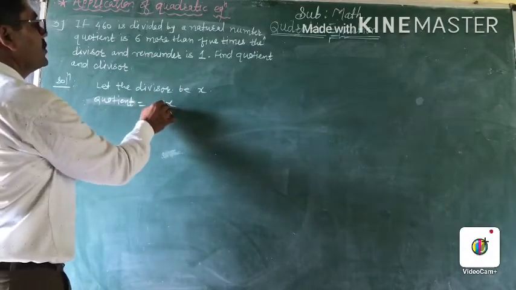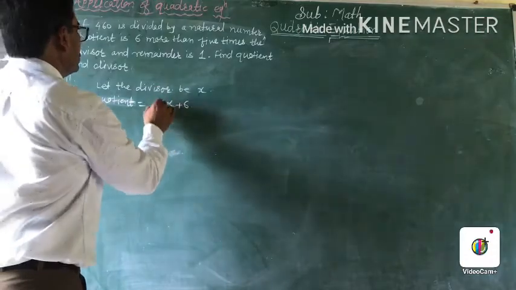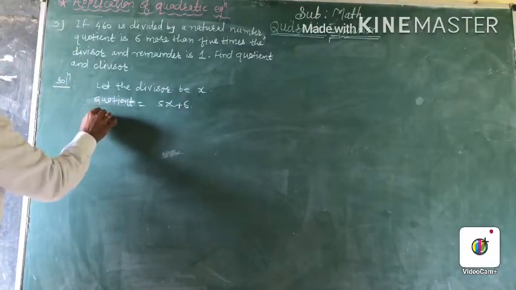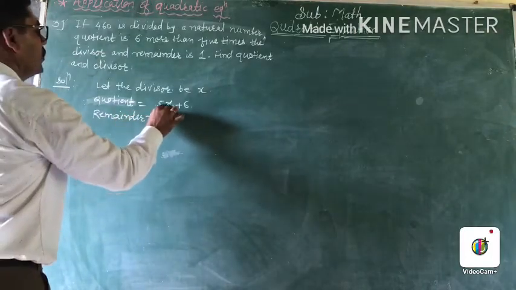So the quotient is equal to 5 times the divisor plus 6, that is, 5x plus 6. This is the quotient, and the remainder is given. Remainder is equal to 1.